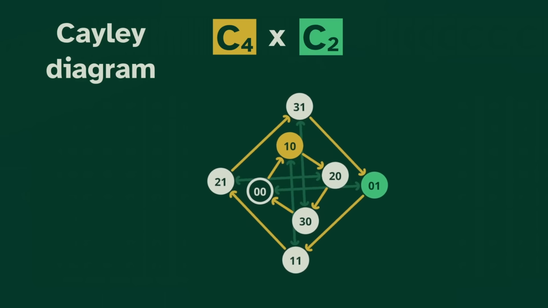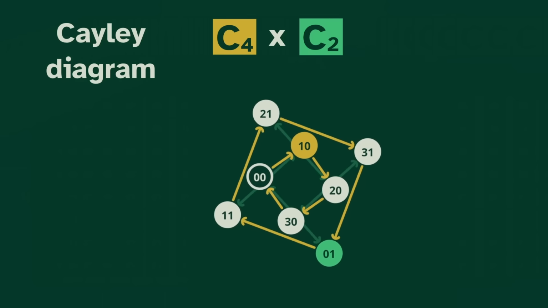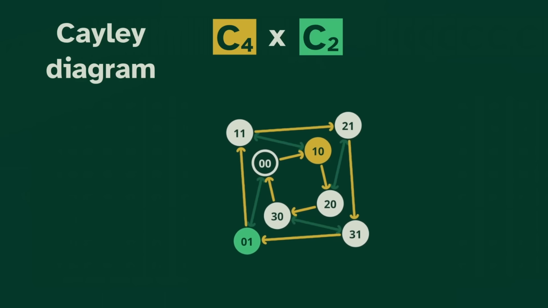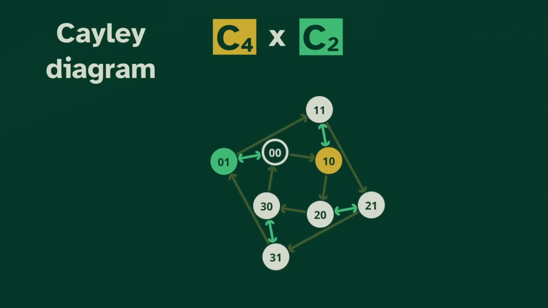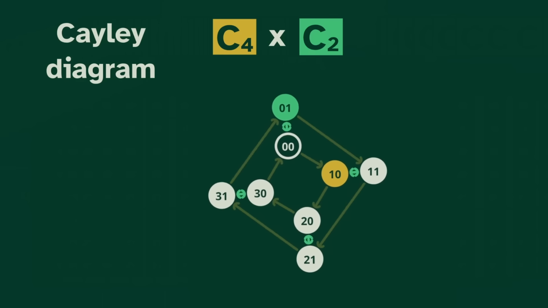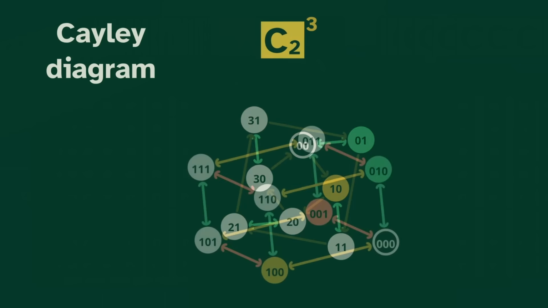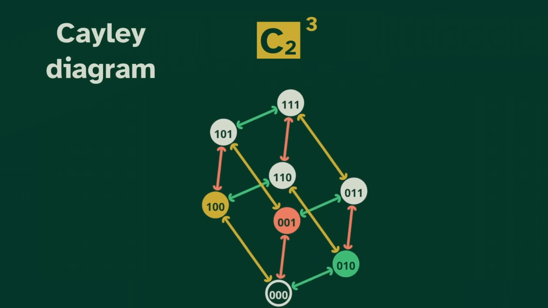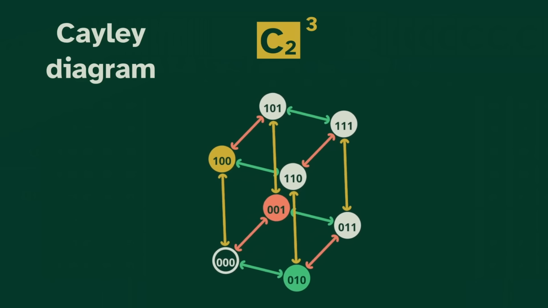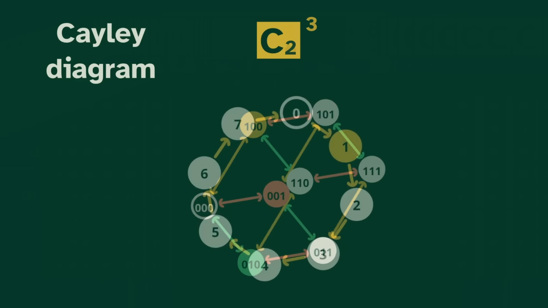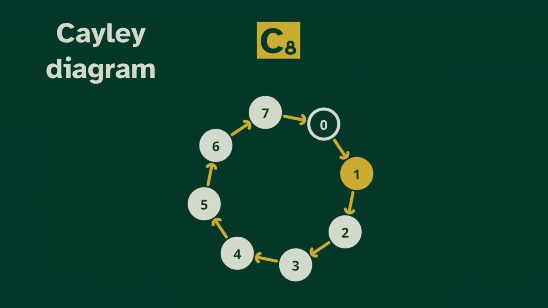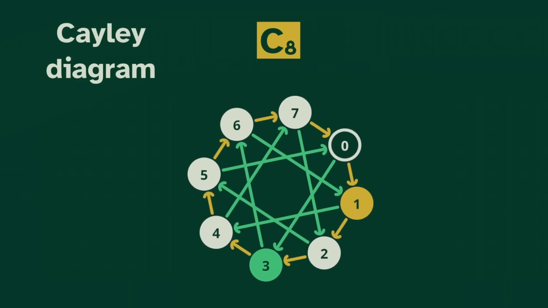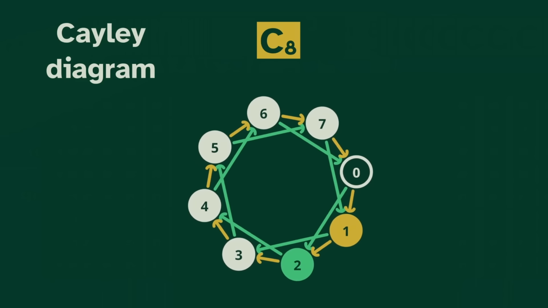The yellow arrows represent adding 1, 0, which takes us around a 4 cycle. Who is Arthur? And then green is adding 0, 1, just a 2 cycle back and forth. This is the diagram for C2 cubed. It looks like a cube. Yeah, each C2 is another dimension. And then C8 is just a cycle, though we do get some cool patterns by coloring a second element.